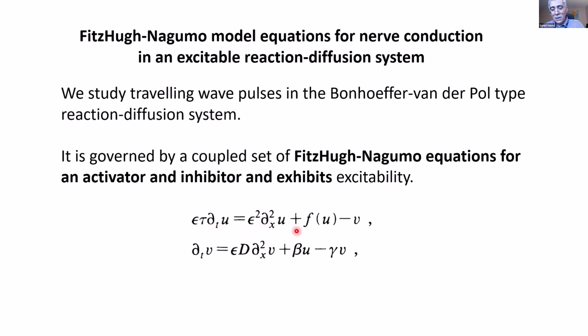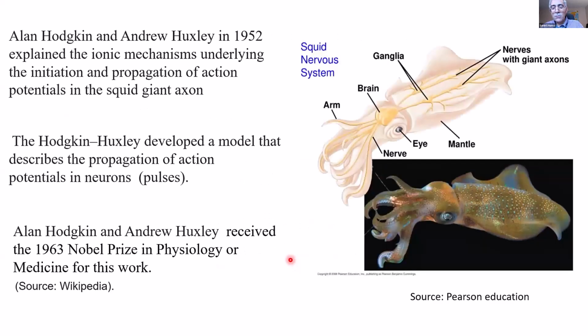We look at the propagation in the axon of the neuron, and we have a nonlinear term here. The inhibitor or recovery variable is v, which is also governed by a partial differential equation.